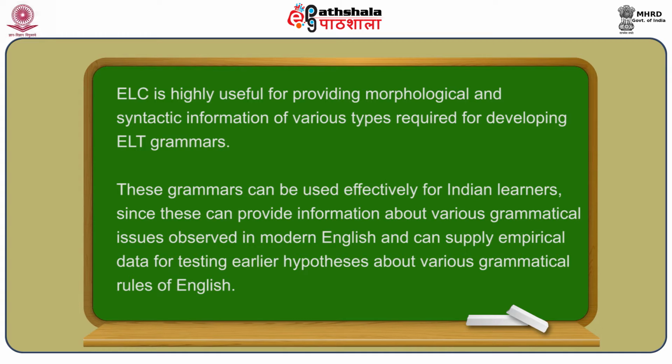This grammar book can be developed systematically in an ordered manner, so that there is grammar for primary learners, for beginners, for moderately advanced learners, and for advanced learners. So there are many different ways to produce the grammars.